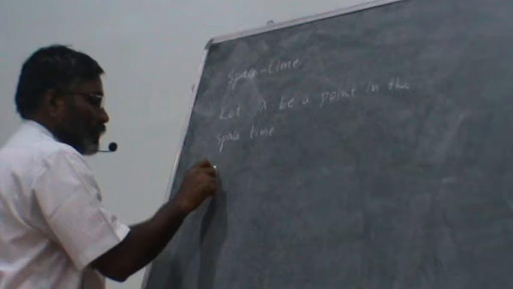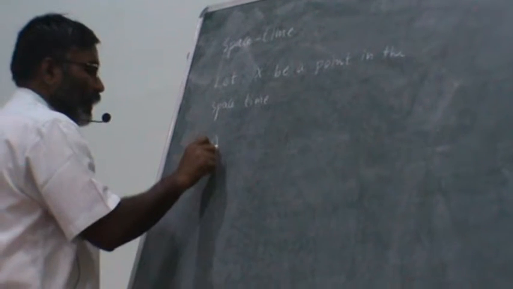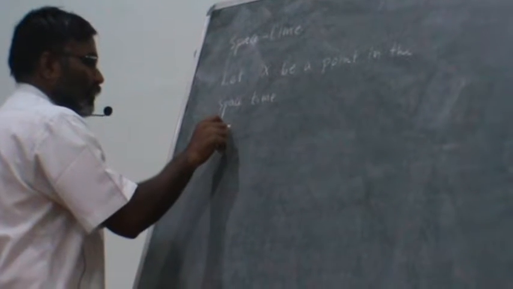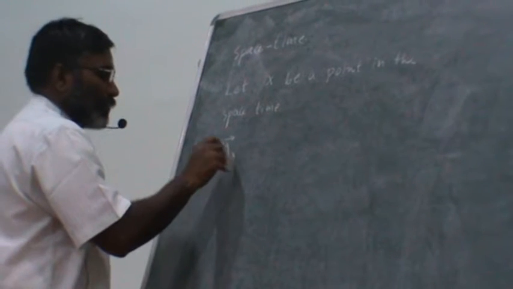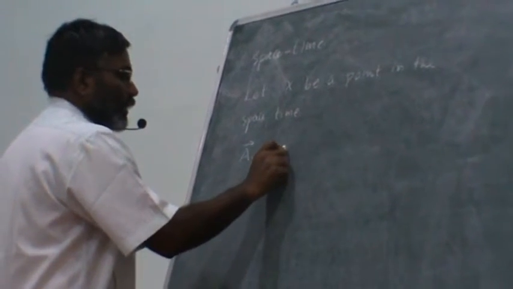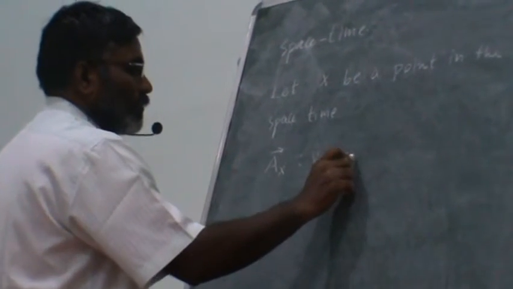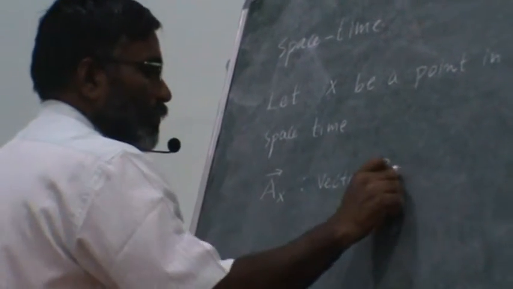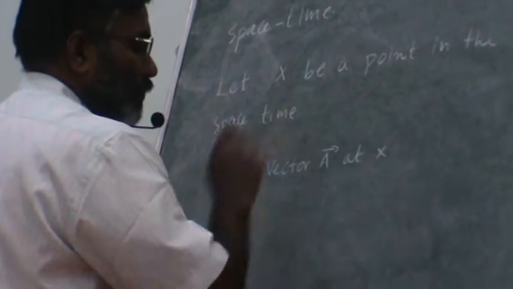Then we can define a vector A at this point x, that is vector A at x. X can be a position in three-dimensional space or an event in four-dimensional space-time.